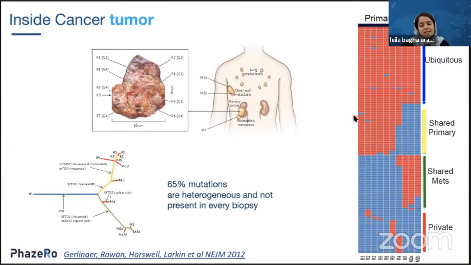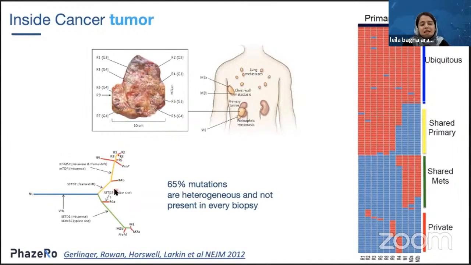Researchers and others in the field used a tree model to explain how tumors evolve. Multiple subclones exist in this patient's tumor, multiple cells that are independent from each other, as you saw here.